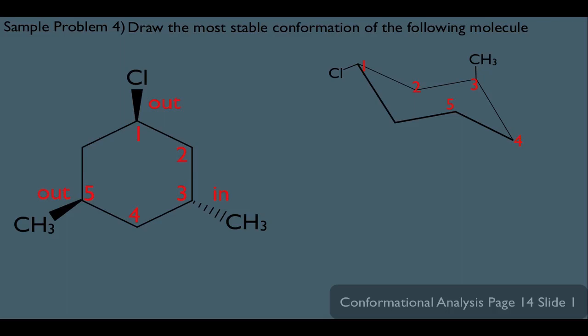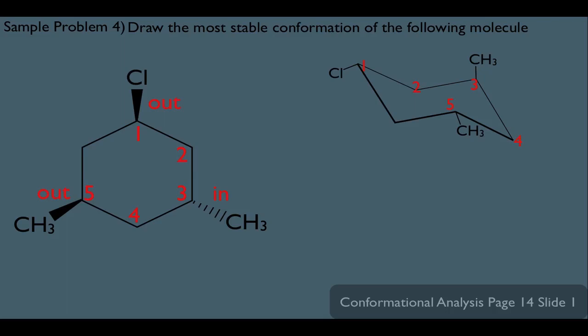You can say that the methyl on carbon 5 is cis to the Cl on carbon 1, or you can say the methyl on carbon 5 is trans to the methyl on carbon 3. So for instance, let's compare it to the Cl. Remember, in our chair cyclohexane on carbon 1, Cl is pointing downward. And if the methyl on carbon 5 is cis to him, he should also be pointing downward. And downward at this particular location happens to be equatorial.